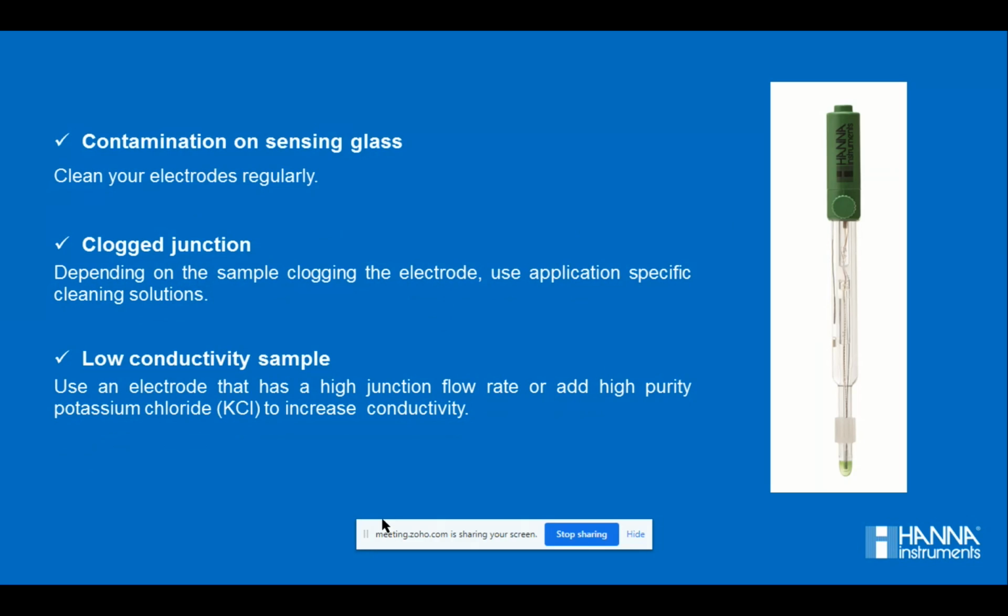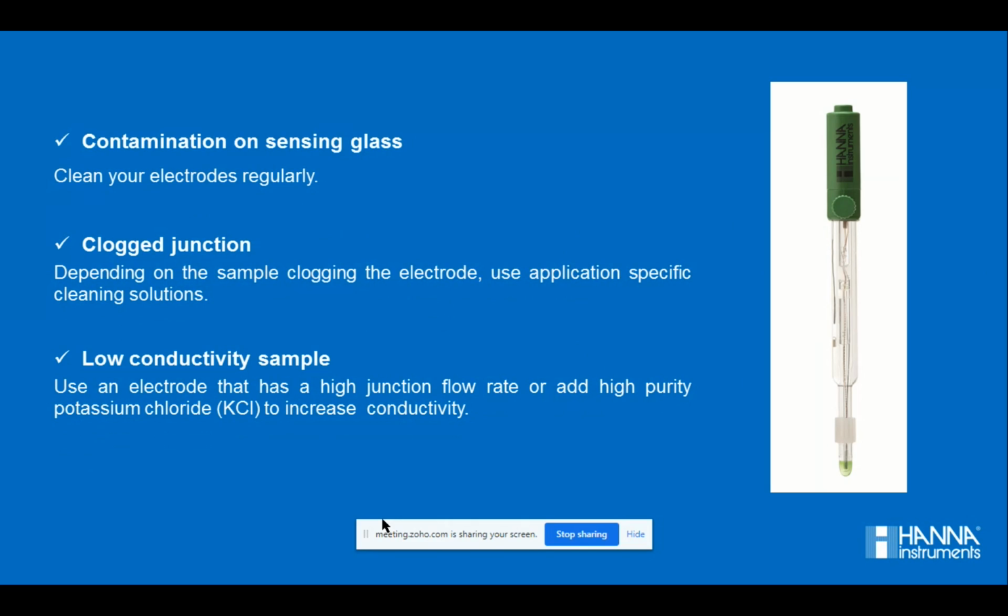Then clean your electrode with the DM water, and then store your electrode overnight in the storage solution, and then the very next day your electrode is ready for calibration and for the measurements.